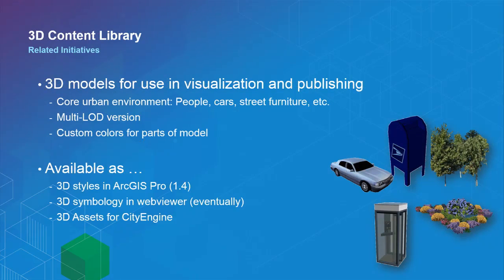We're also working on a 3D content library. This is a joint project between ArcGIS Pro and CityEngine. So producing a series of 3D models for cars, people, helicopters, boats, trees, rocks, street signs, you name it, that we can wrap as a style file, deliver with ArcGIS Pro, so you can just call it as a style, and it'll come as a collection of assets in CityEngine that you can use in rules and call into rules.